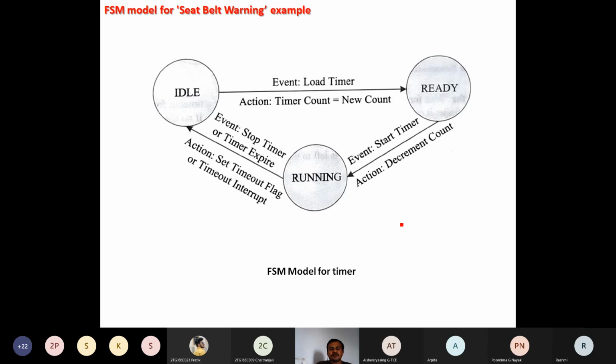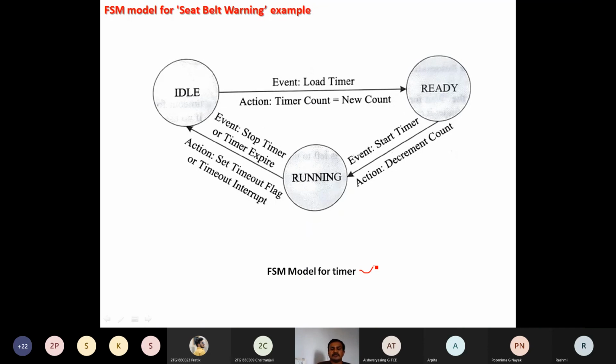The events are what? 10 seconds is over and 5 seconds is over, these two. So 10 seconds is for what? Waiting period. And 5 seconds is for what? Waiting period for alarm on. So how is it going to have the states, and what is the FSM model for the timer?